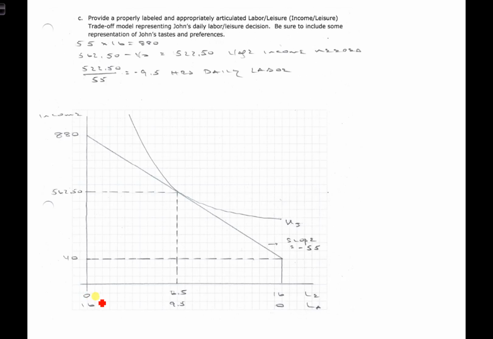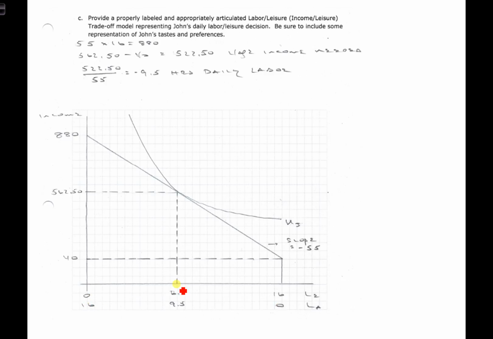But we're looking at leisure as the primary driver of the x-axis, so we can go from 0 to 16 hours of leisure, which means at 16 hours of leisure we have 0 hours for labor if there's only 16 hours available to us in the day. We suppose there's an 8-hour regenerative period for sleep and such. So if we have 16 hours of leisure, we have 0 hours of labor, or if we have 0 hours of leisure, we have 16 hours of labor.